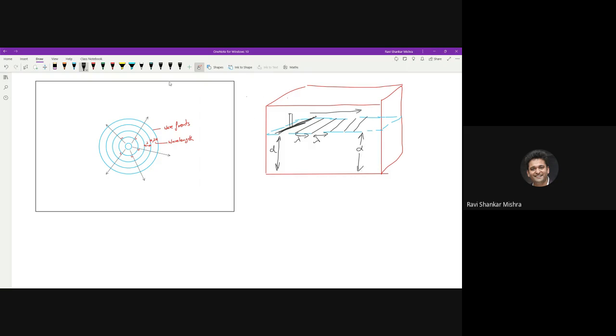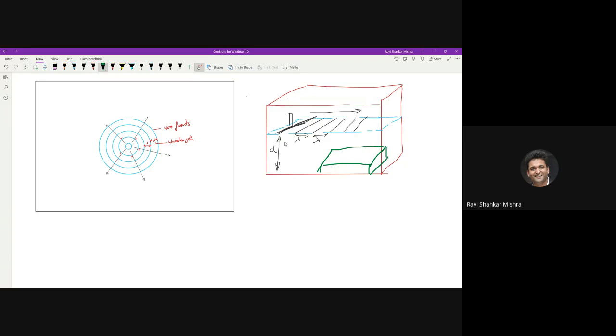But by chance you keep some slab, some glass slab, in the water. If you keep a glass slab inside the water, and let us suppose you have kept it like that, then what will happen?